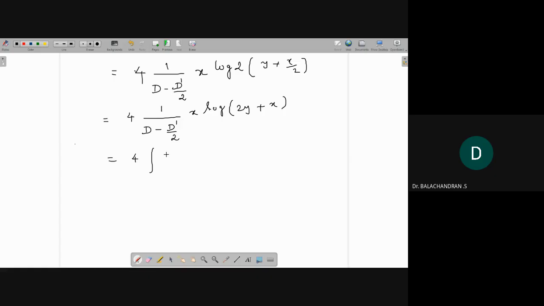So you'll write x as it is, log of 2 into y. So instead of y, you should write a minus m, where m is 1 by 2 into x.